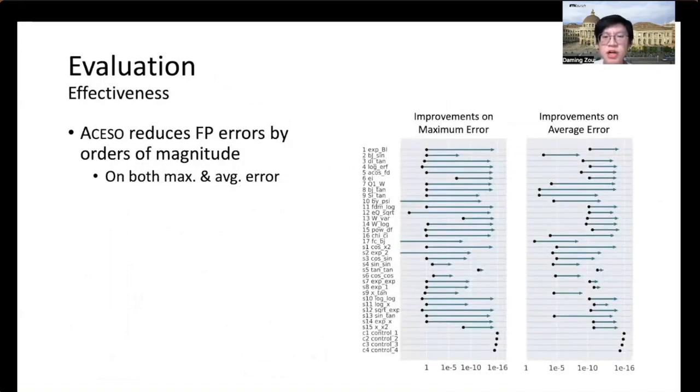In the first part of our evaluation, we focus on how SSO could improve the accuracy on both maximum error and average error. The figure on the right-hand side shows that patches synthesized and validated by SSO are all superior to the original programs, where floating point errors are reduced by orders of magnitude.